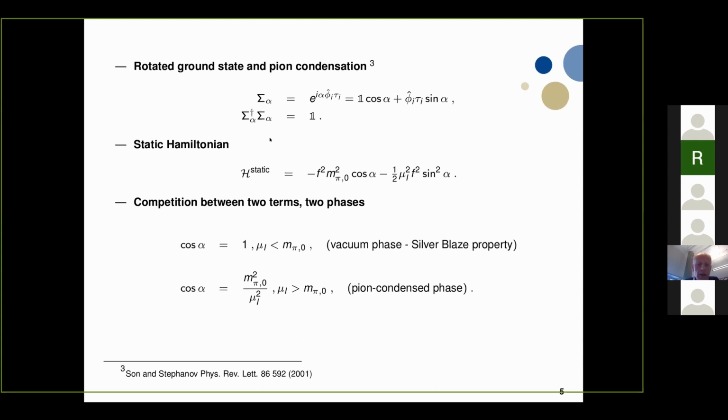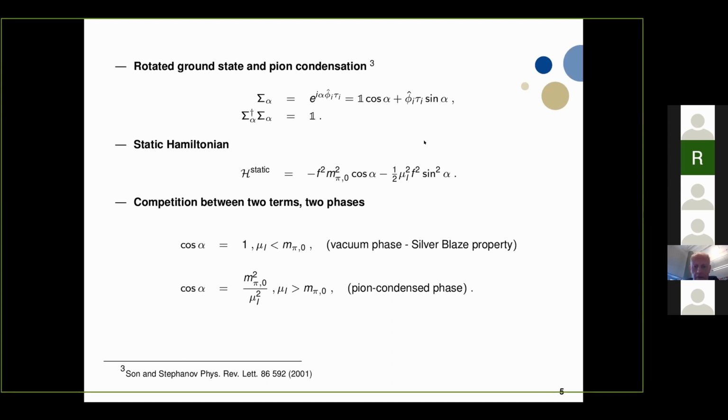So if you now plug this ansatz into your Lagrangian and then pull out the static Hamiltonian at tree level, you're going to get two terms. And that's where the physics lies. You have this term, which is the standard term coming from the quark masses. That term really wants alpha to be 0, so that resists rotation of your condensate.